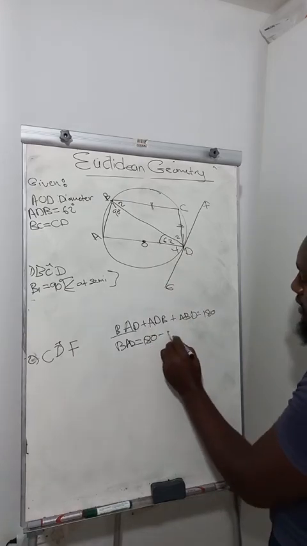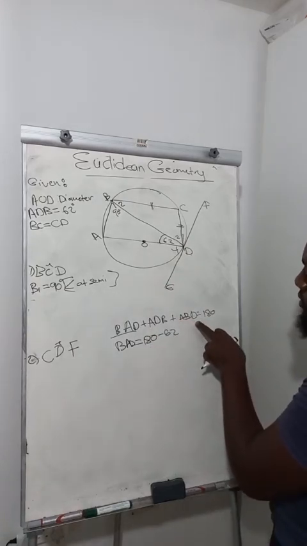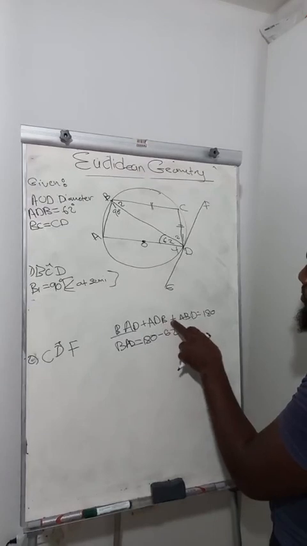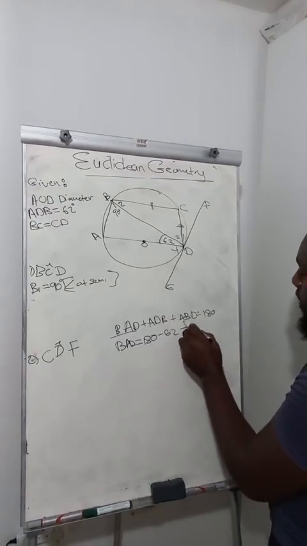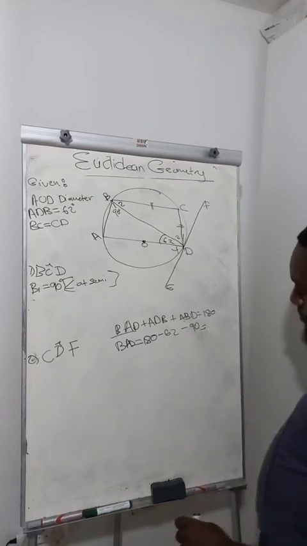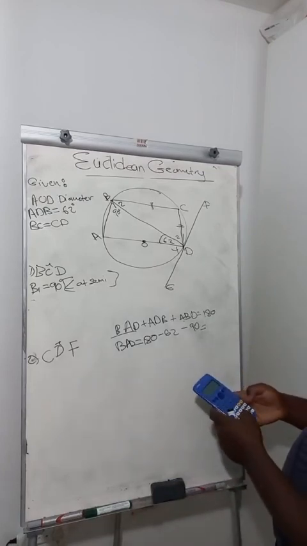ADB is just 62. And then ABD is 62. And then ADB, okay. Here we say minus this one, ABD, it's just 90. So it will say 180 minus 90 minus 62.